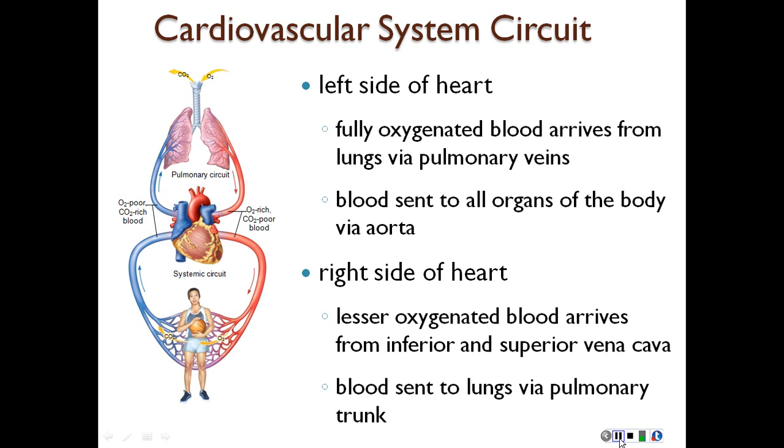The left side of the heart: fully oxygenated blood arrives from the lungs to the left side of the heart via the pulmonary veins, and blood is sent to all organs of the body via the aorta. The aorta is the first artery receiving blood from the left side of the heart, and it is responsible for distributing blood to the arteries, which carry blood onto the particular tissues.